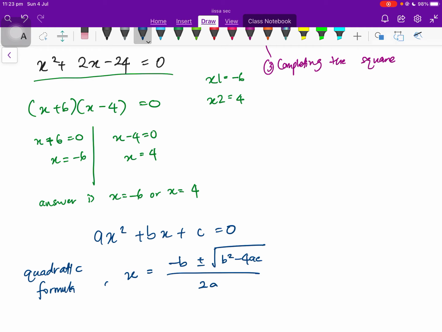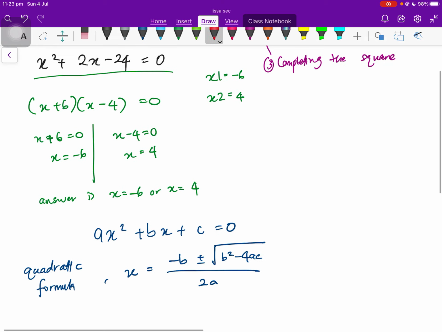You just need to key in the coefficients. Something very important to note is that you always need to do this when you are punching in all the numbers.